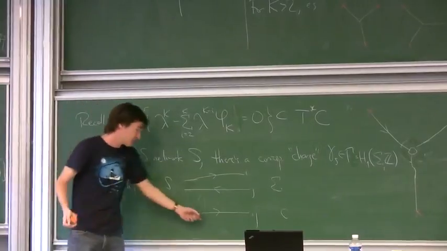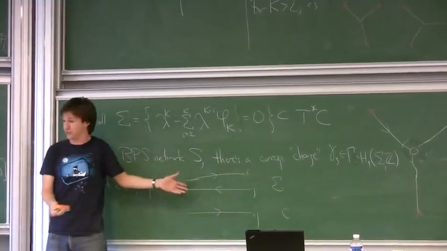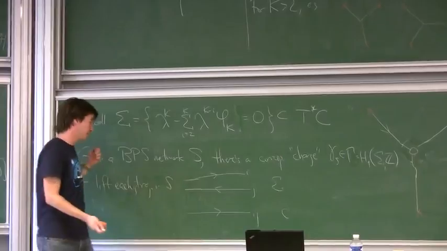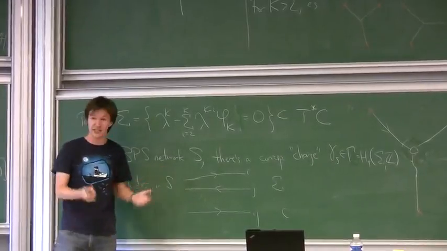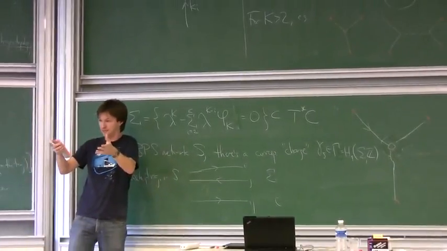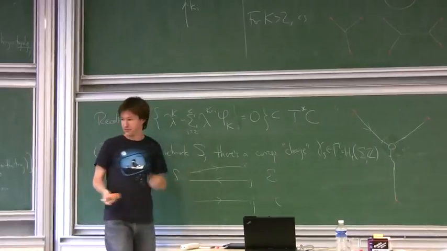Now typically, if I just look at each strand individually, that lift, of course, won't be something closed. But the conditions that we put are exactly the conditions that guarantee that the whole thing sews up into a closed cycle.